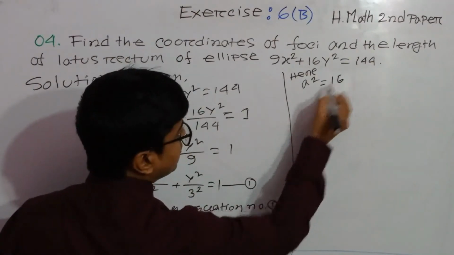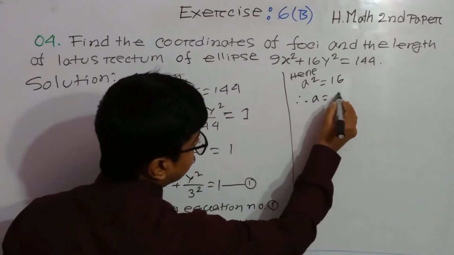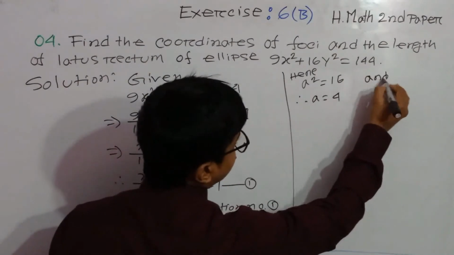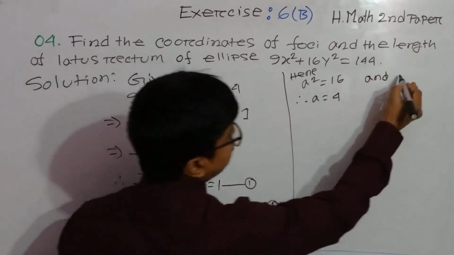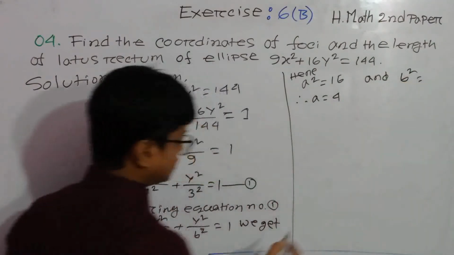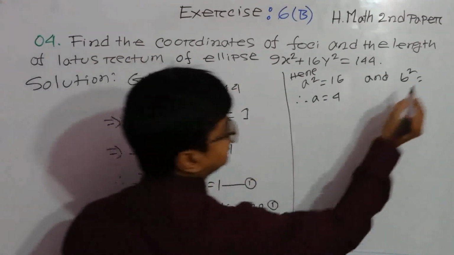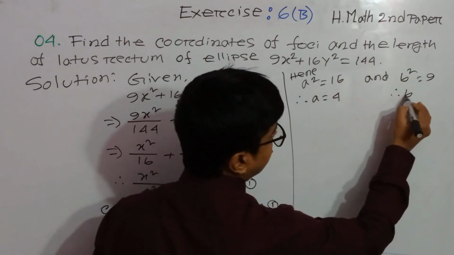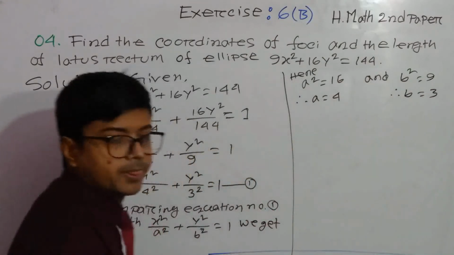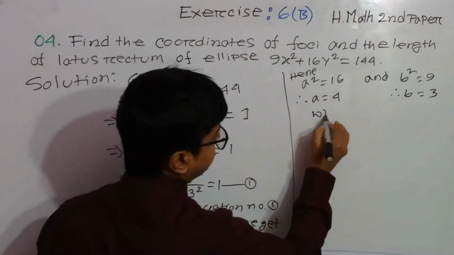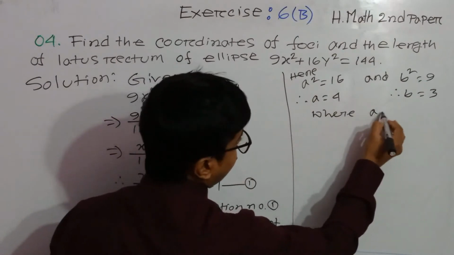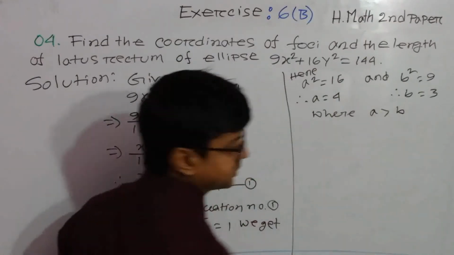So a will be 4, and b square equals 9. Therefore b equals 3, where a is greater than b.